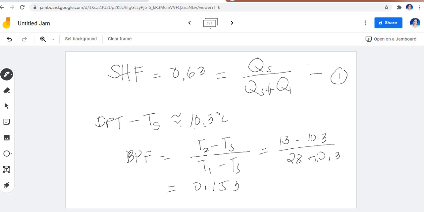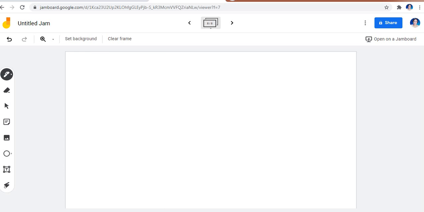I can only determine the latent heat here if I already know the sensible heat. So we first determine the sensible heat.